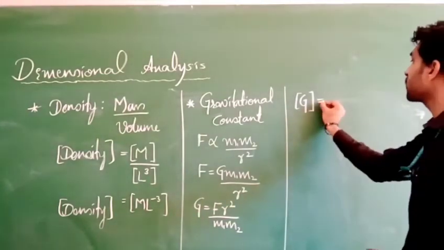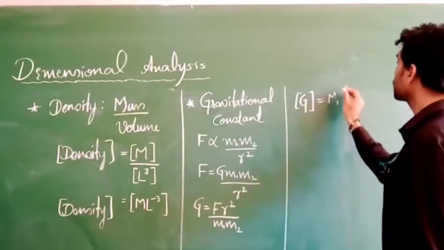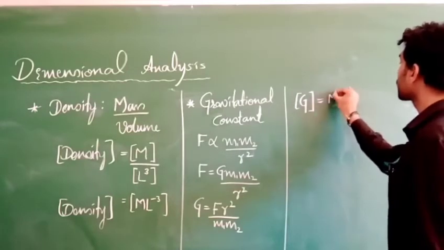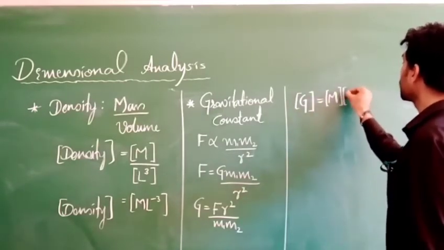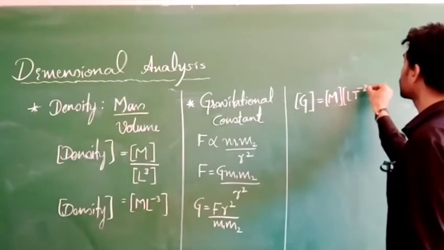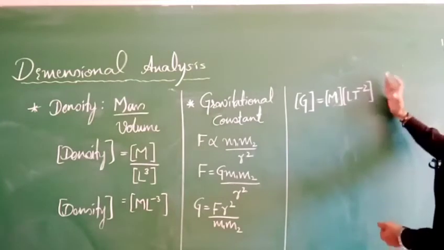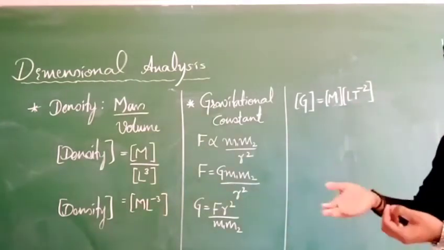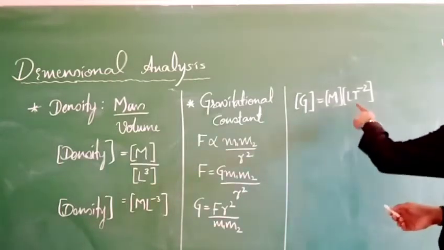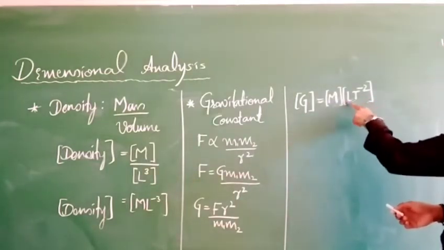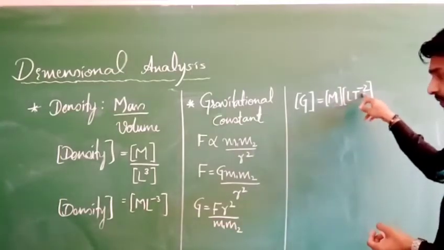Force is mass into acceleration. That is mass into acceleration, which is L t power minus 2. Correct? Acceleration is the rate of change of velocity. Velocity is L by t. Rate of change of velocity means length by time square. That's why L divided by t square, or L into t power minus 2. So F is M L t power minus 2.